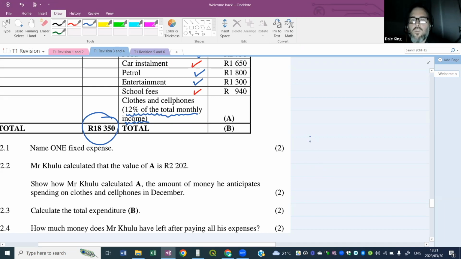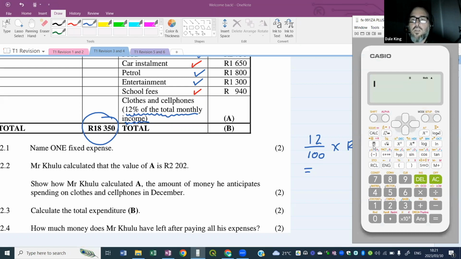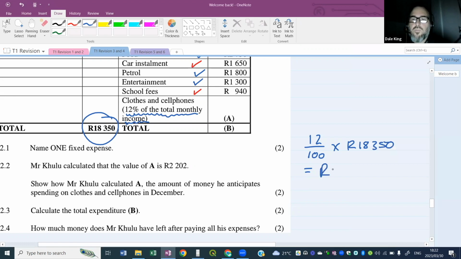We need 12% of that, so 12 over 100, like I saw in chat, times 18,350. Let's get the calculator out. 12 over 100 times 18,350, and there we go. We're getting the same thing as the question. So we showed how we get 2,202.